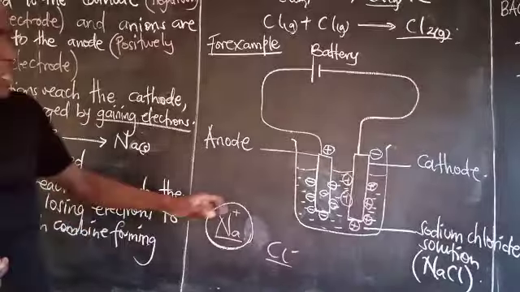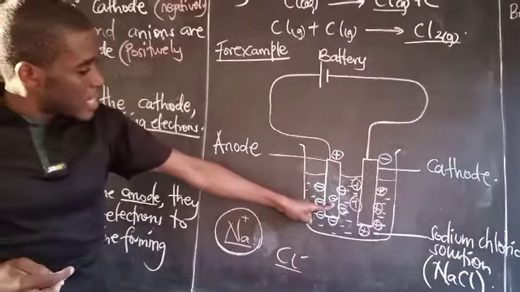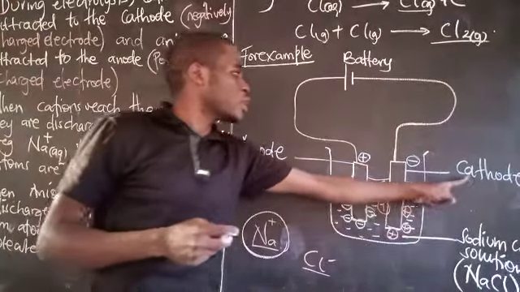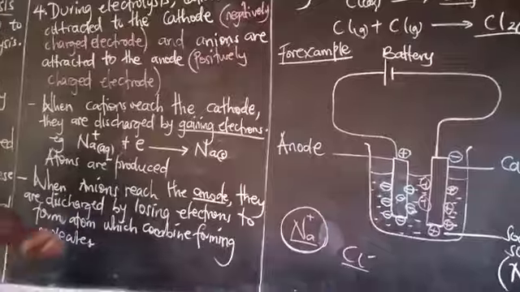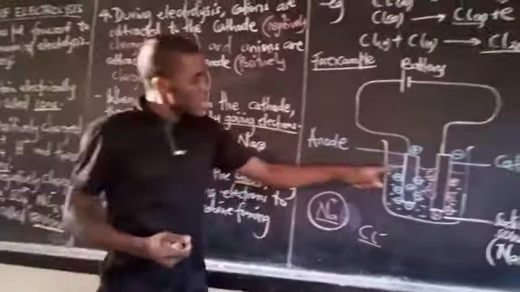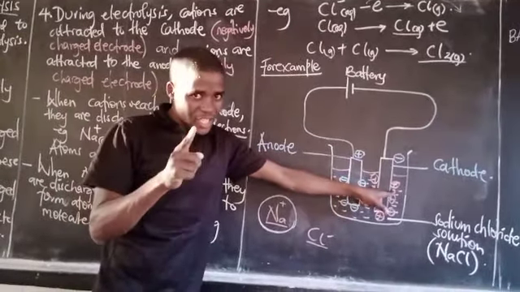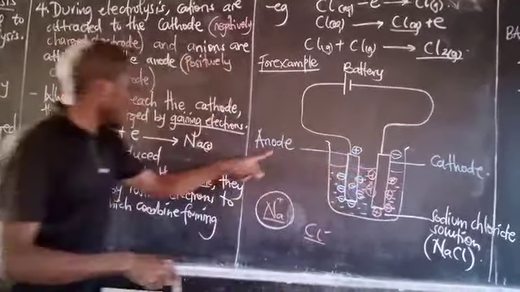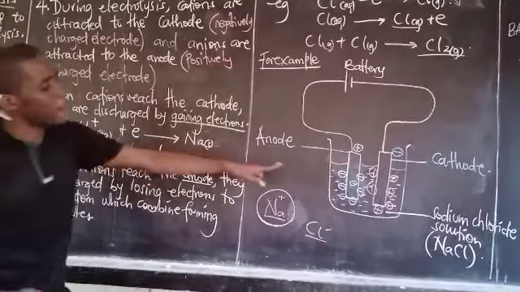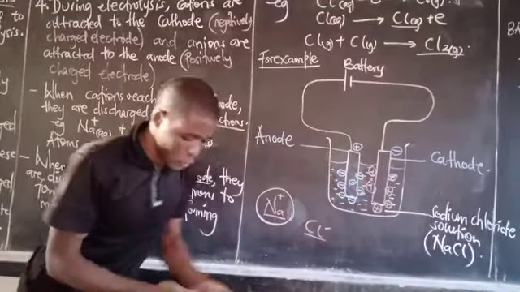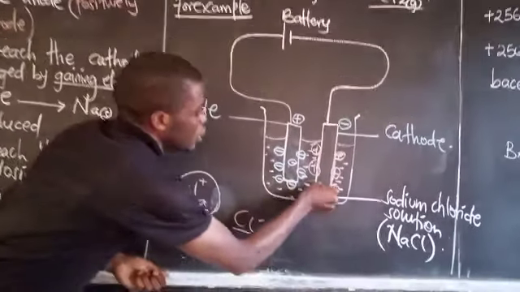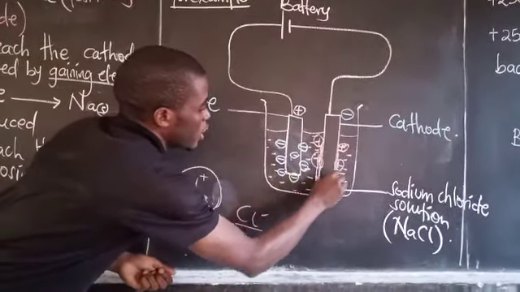So we are saying that when the negatively charged ions are attracted to the anode and the positively charged ions are attracted to the cathode, there is always another process called discharge. The discharge happens in a way that the positively charged ions, the cations, will gain electrons and form atoms. So you will end up seeing a gray coating of sodium here.